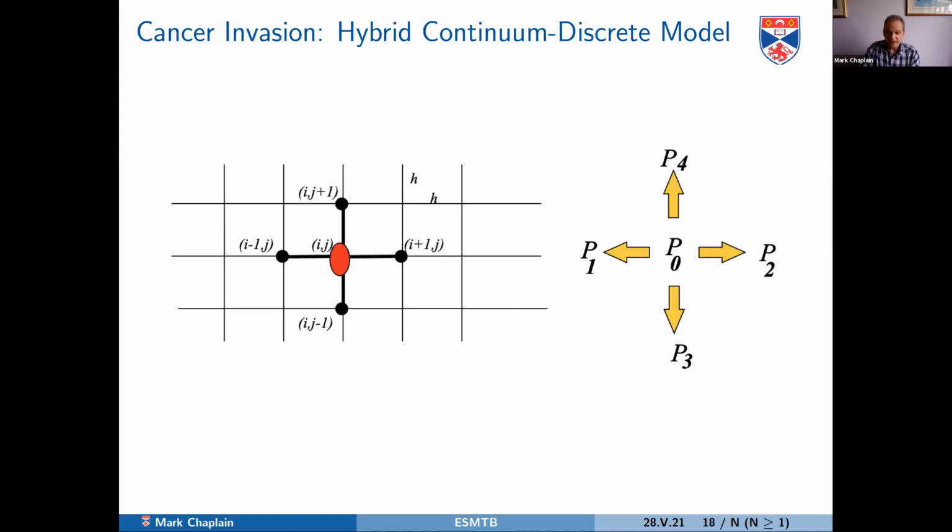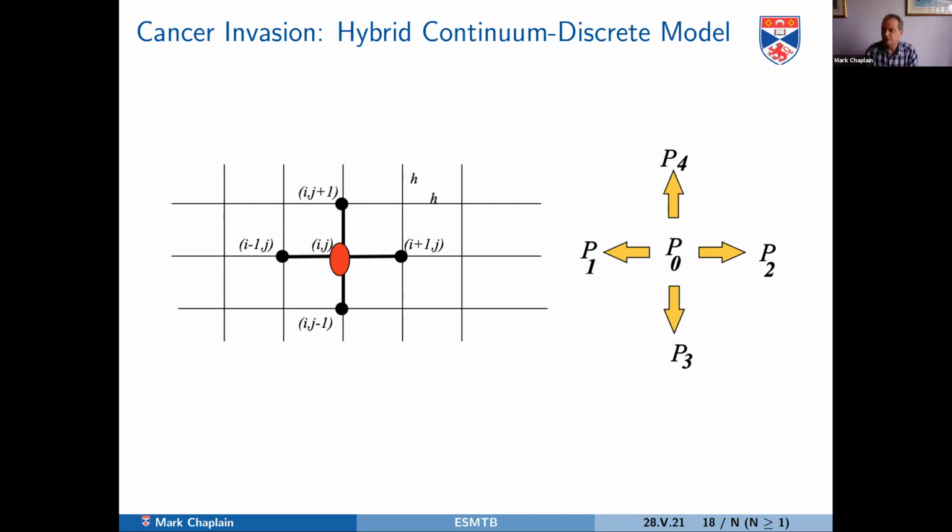Then if you do that at each time step, if you have individual cells at grid points, you can move them from one grid point to the next, depending on the size of these coefficients, P0 up to P4. And if there are any gradients in the system, then some of the coefficients are bigger than the others. And so if you generate a probability of movement each time step, you're more likely to choose those coefficients.